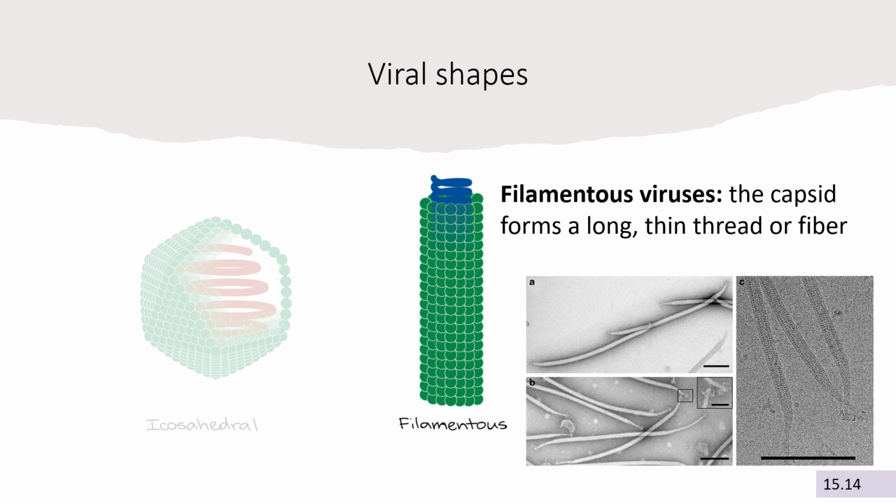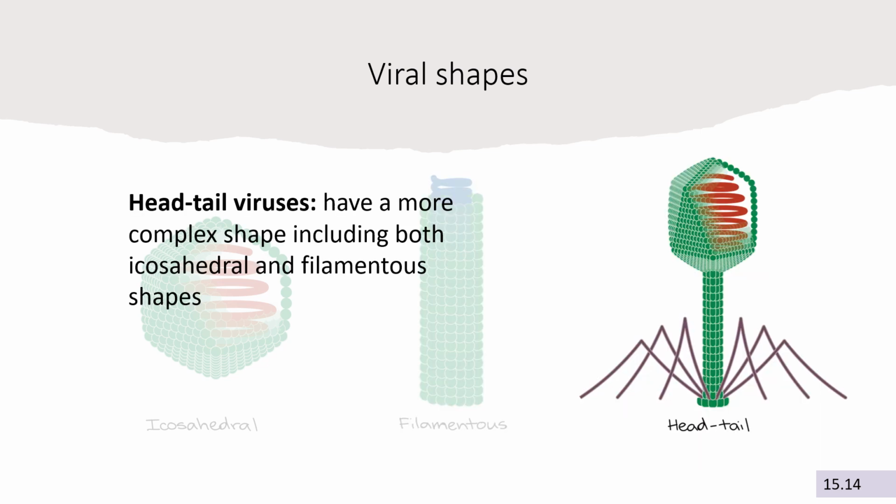Filamentous viruses are long, thin fibers. Head-tail viruses have a combination of an icosahedral and a filamentous shape. They have an icosahedral head and a filamentous tail.